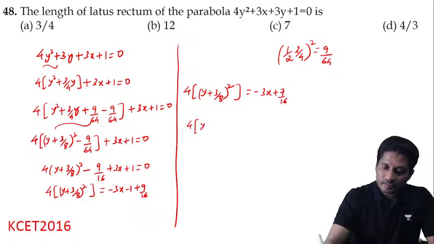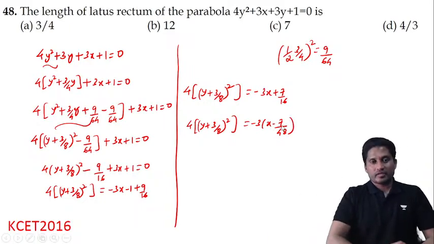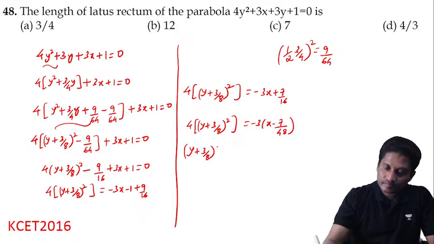Taking 3 common, it is minus 3 times x minus 7 by 48. When you take 3 out, you have to divide by 3. So y plus 3 by 8 the whole square equals minus 3 by 4 into x minus 7 by 48.